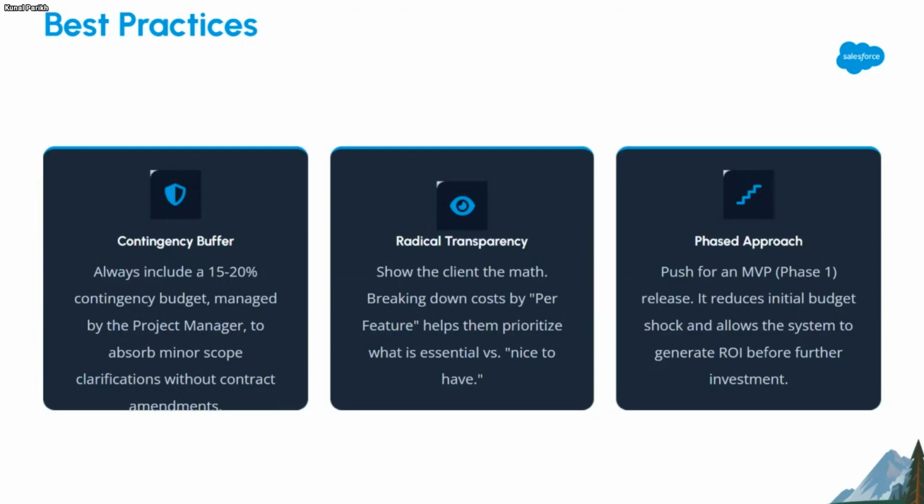Overall, this is what you need to keep in mind. One is definitely to keep a buffer. Have a contingency buffer when you are doing your estimations. Arrive at a number that doesn't inflate the pricing, but at the same time helps you cover the cost.